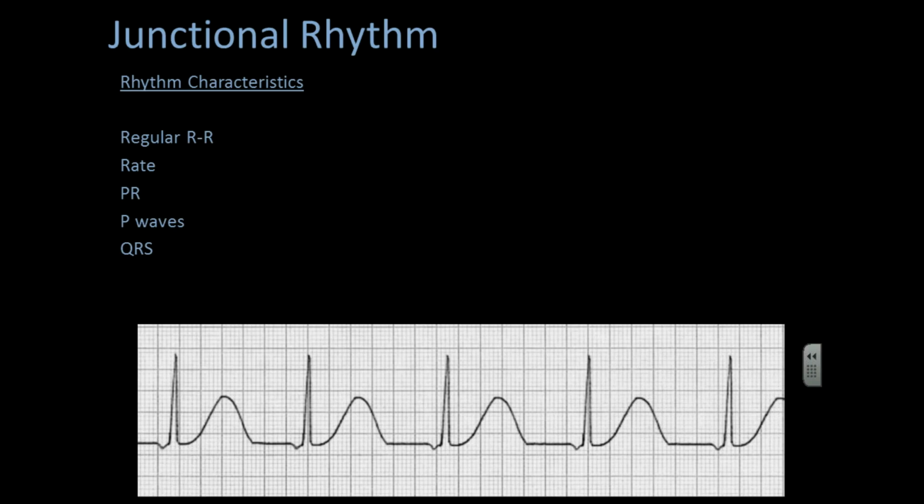Okay, here is a junctional rhythm strip. So take a minute, look at it, and let's apply what we've learned. Okay, so we know that under our rhythm characteristics, we would expect the rhythm to be regular.